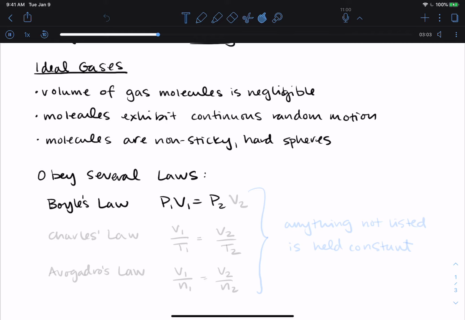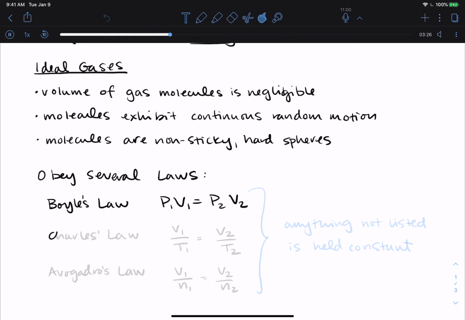So essentially, it's saying that the pressure and the volume are inversely proportional to each other. And so if you have a sample with a given volume and a given pressure, if you change the volume, you can calculate what the new pressure would be, or if you change the pressure, you can calculate what the new volume would be.